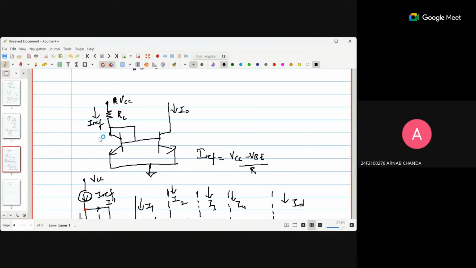Yes, current will pass through that short circuit branch, but what about the current through the transistors? Why do you say that this current is zero? I don't understand. You are telling that this is zero and only this passes. Okay, I misunderstood. Then there will be current there also. I thought there will be no current because the other part is short circuited, no resistance, nothing.